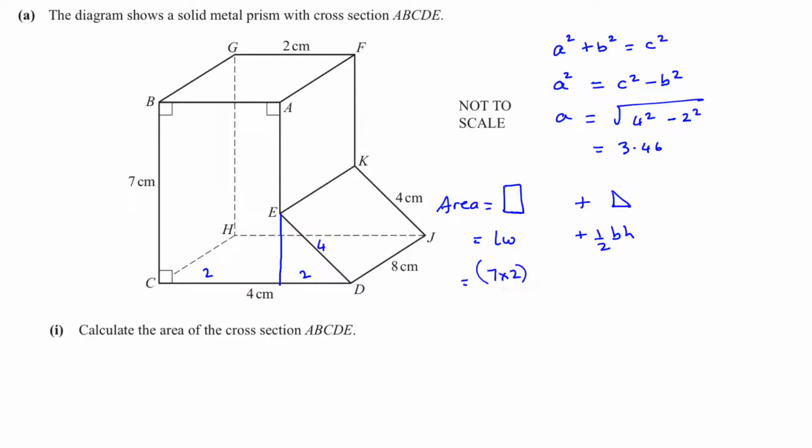So 7 multiplied by 2 will give us the area of the rectangle. And for area of the triangle, half times base, which is 2, and height, which we found 3.46. Put the whole thing in the calculator and you will get 17.46. If we round it to one decimal place, 17.5 square centimeters. So that's the area of the cross section.